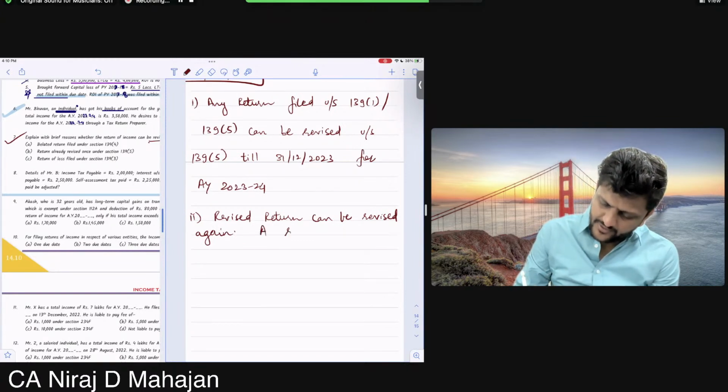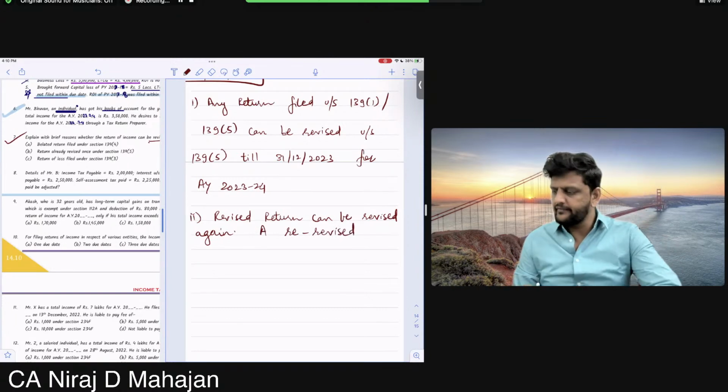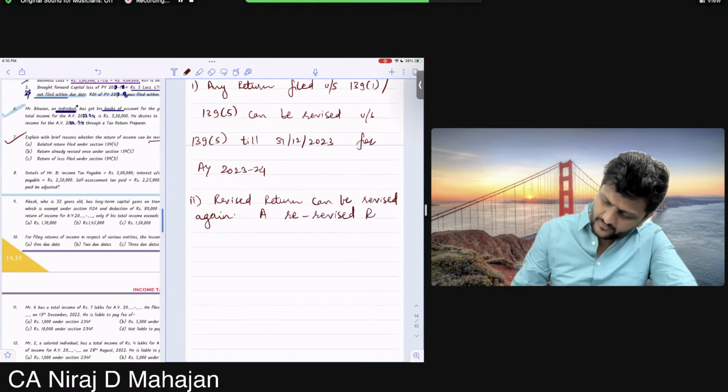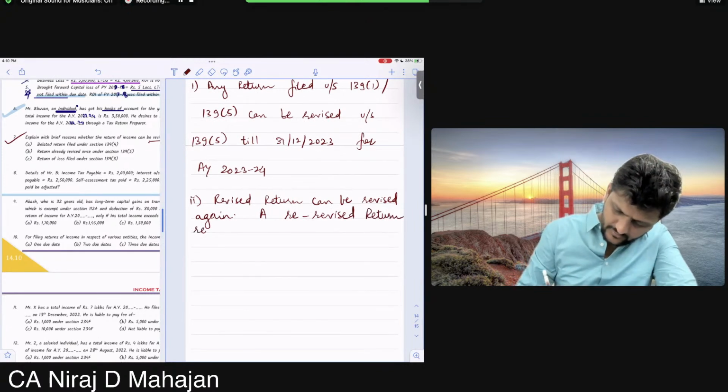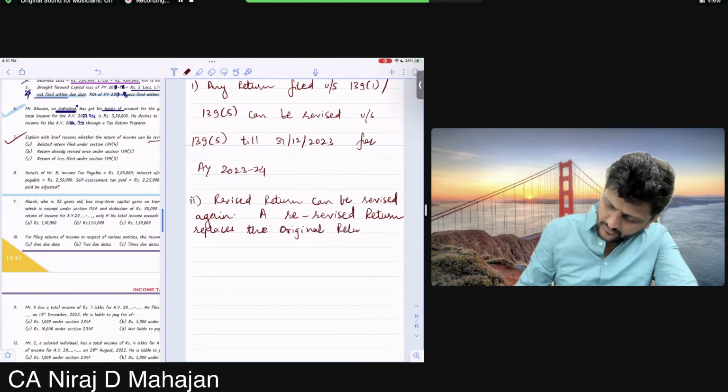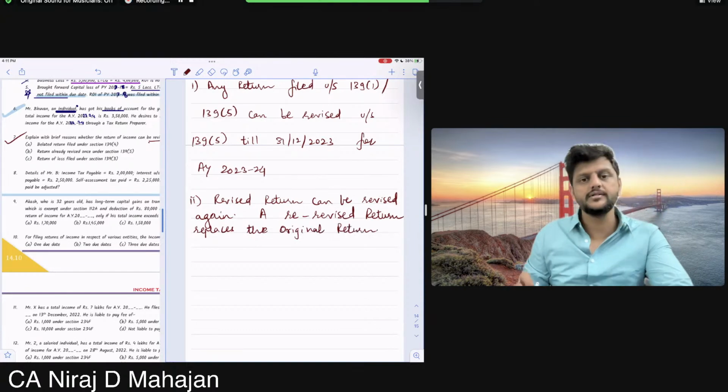A re-revised, means twice revised, no? A re-revised return replaces the original return. Replaces the original return.